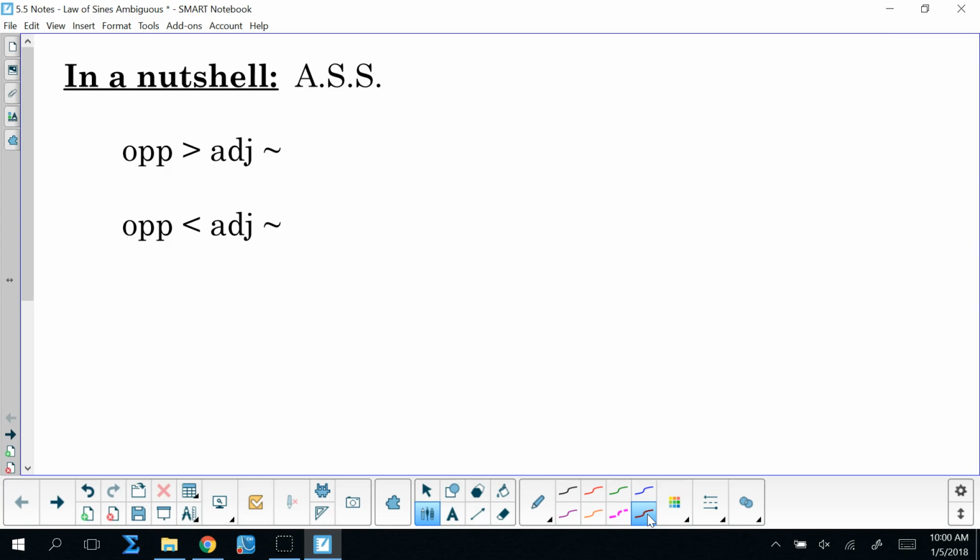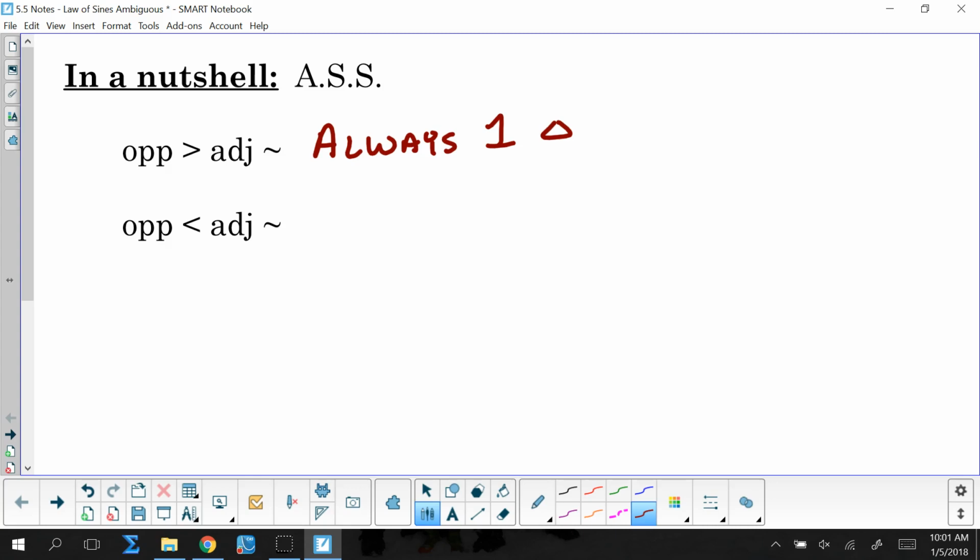In a nutshell, if we are dealing with an angle-side case, and our opposite side is longer than our adjacent side, we will always get one triangle, no matter if the angle is acute or obtuse. We use the law of sines, get that complete fraction, and solve for the other 3 parts.